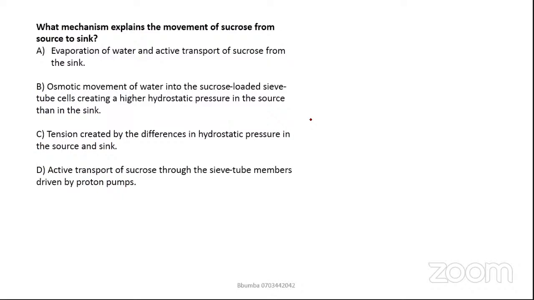Normally I get some UNEB questions or even questions from different mock exams. If you look through some mocks, this Munch's hypothesis is highly examinable. So you must understand it to the dot, so that you never get confused.